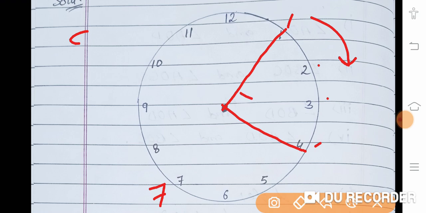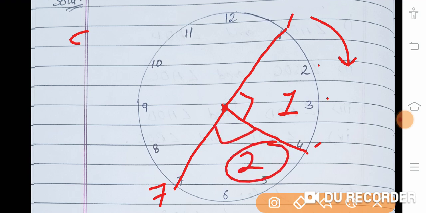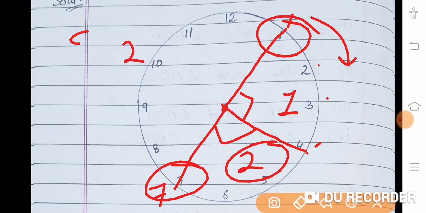So this is 90-degree, so first right angle. And when you will start from 4 to which one, my dear, 7, so second right angle. So total 2 right angle you will get when you will move from 1 to 7. So your answer is 2.